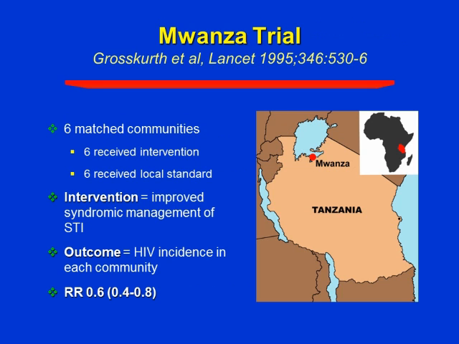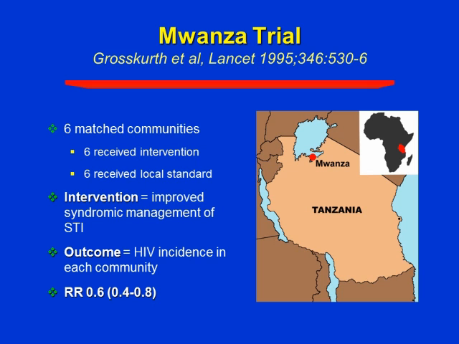The classic example in the HIV world of a community randomized trial was the Mwanza trial. In this instance, they selected 6 matched communities. 6 communities received the intervention and 6 received the local standard of care. That intervention was improved syndromic management of STI, and the hypothesis was that if you got more people into STI care and treatment, you would reduce HIV incidence in each of the communities.